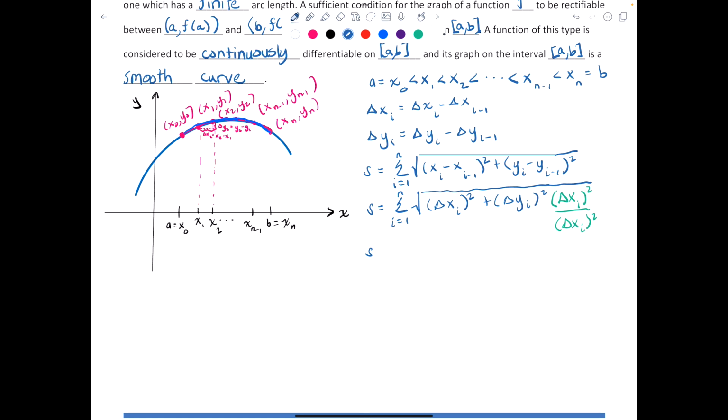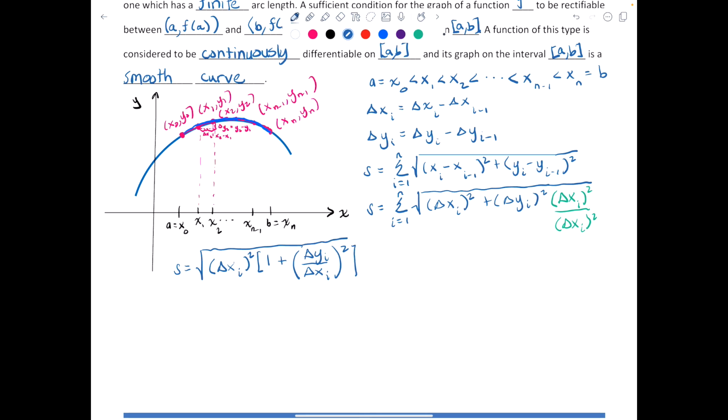What that will do is allow us to rewrite this as the square root of, I'm factoring out a delta x_i squared. What remains is 1 plus the quantity delta y_i over delta x_i squared.